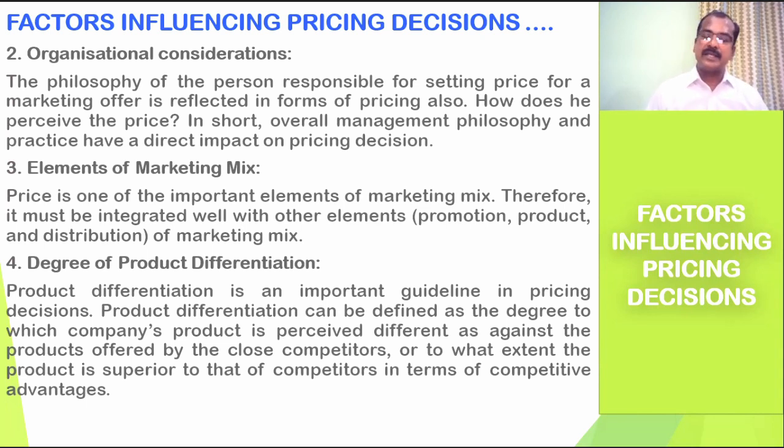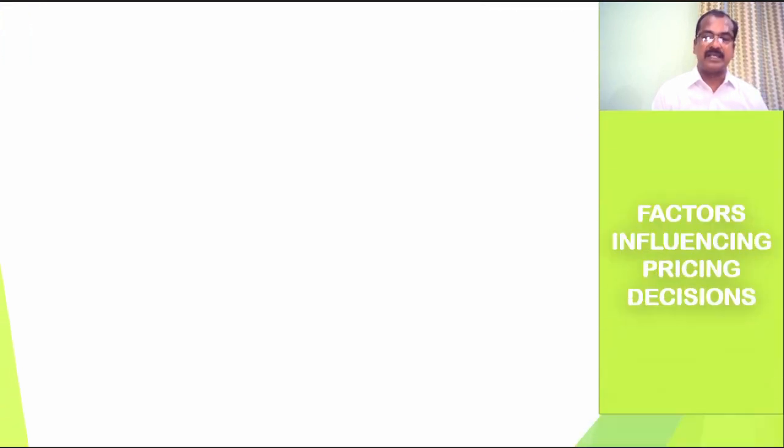The theory is the higher the product differentiation, the more will be the freedom to set the price, and the higher the price will be. So this is the idea behind the 4th point.